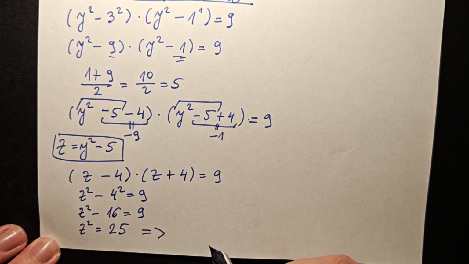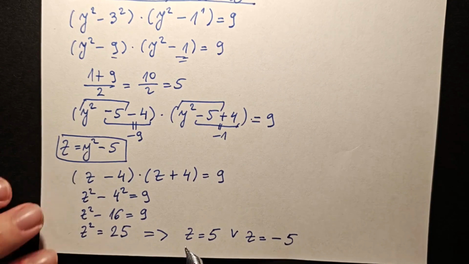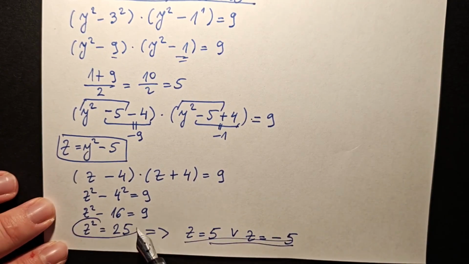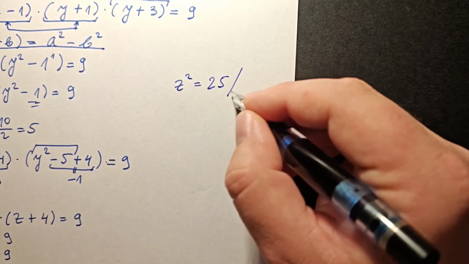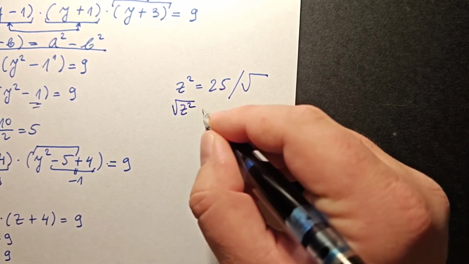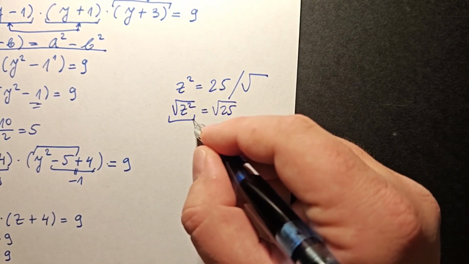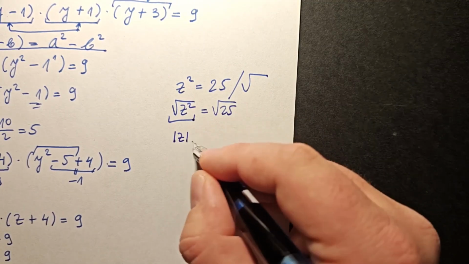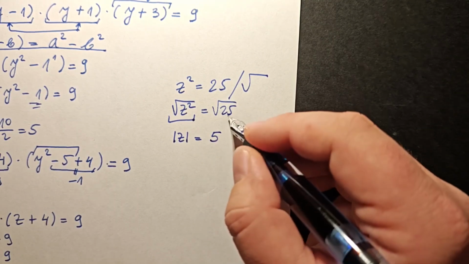And from this position we get two solutions. Z is equal to 5 or Z is equal to negative 5. How do we get here from this position, where z squared is equal to 25? We are going to take the square root of both sides of the equation, and then we get the square root of z squared, that is the absolute value of z, and the square root of 25 is 5.